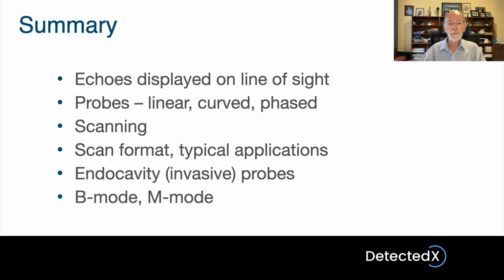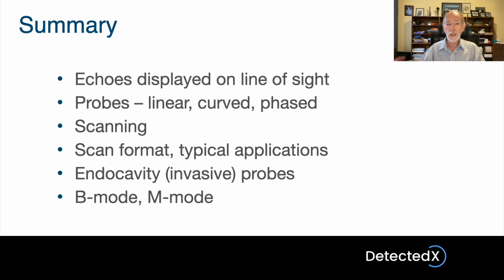So in summary, I've shown the way echoes are displayed on a single line, no matter whereabouts within the beam they have actually been placed, and therefore we get some degradation of the image that's caused by this. We'll look at that in more detail later. I showed you the three standard kinds of external probes, linear, curved, and phased arrays, and I showed you the different scan formats that they have, and therefore the different image formats.